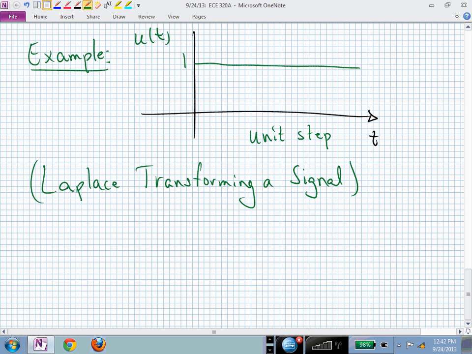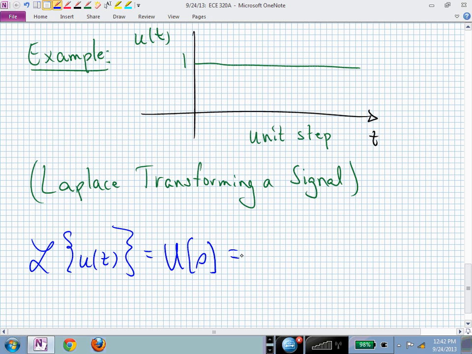So we might want to know, well, what does this signal look like by itself in the frequency domain, or what's its Laplace transform? Notationally, we said we would write that then as this Laplace transform of u of t, which we will then call capital U of s, and we want to know what kind of ratio of polynomials does this end up looking like.